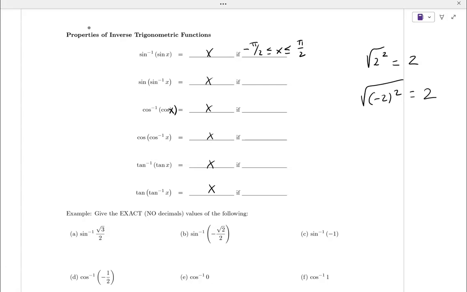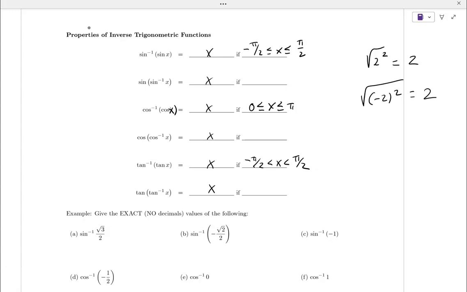Likewise, if I jump down to the third one, this one has to be between 0 and pi. This one has to be between negative pi over 2 and pi over 2. The x that you have has to go into the original function.